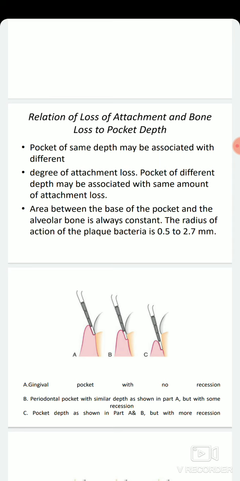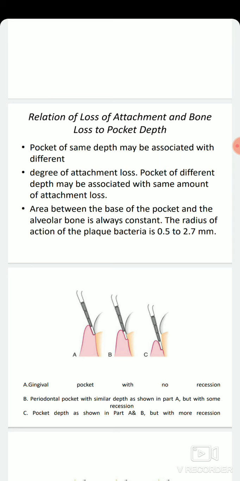So what does the pocket signify? Pocket is the measure from the crest of the marginal gingiva to the base of the pocket. So pockets of the same depth may be associated with different degrees of attachment loss, and pockets of different depths may be associated with the same amount of attachment loss.